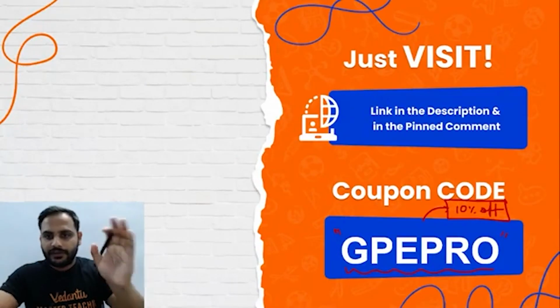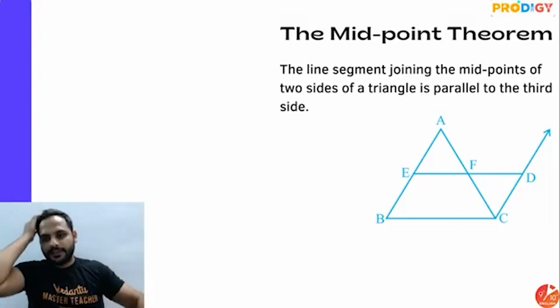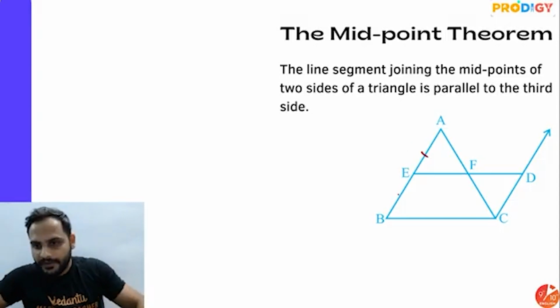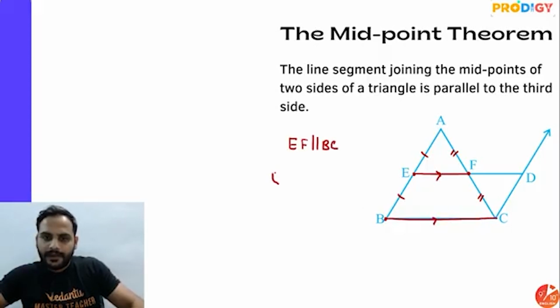All right, chalo, let's move ahead guys. Look, midpoint theorem I have told you. Midpoint theorem is: if E is the midpoint of AB and F is the midpoint of AC, then the line joining the midpoints of any two sides of a triangle will be parallel to the third side and half of it. So EF will be parallel to BC and EF will be half of BC.